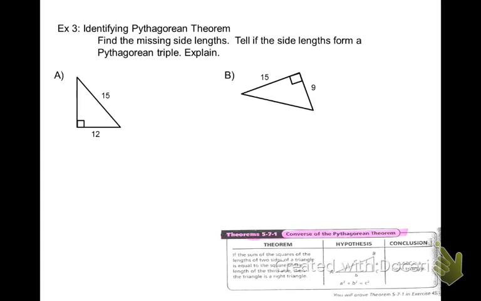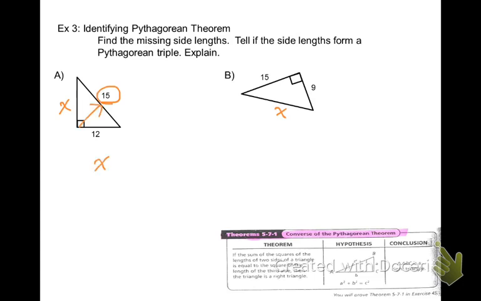So let's look at example 3. We need to find the missing length. So for A, it would be this side, and for B, it would be this side. So if I look at A, which one is the C? That would be 15 because it's opposite the right angle.